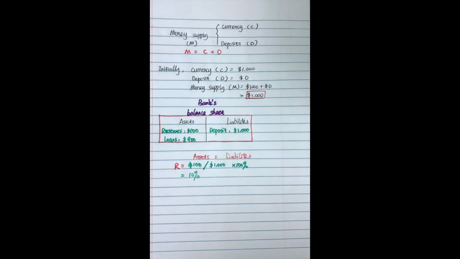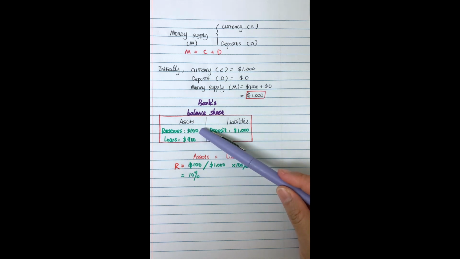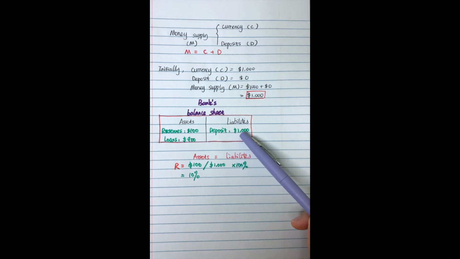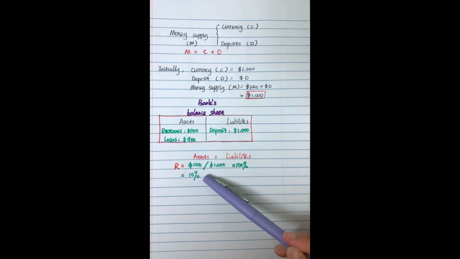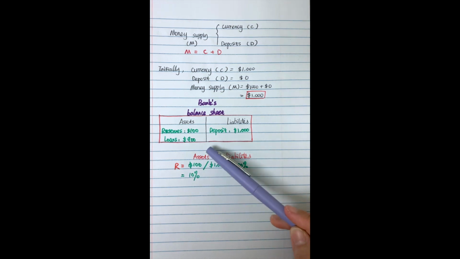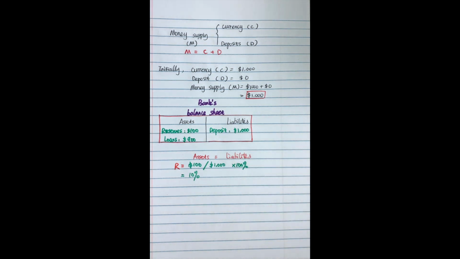So from this balance sheet, it can give us at least several pieces of information. The first, the bank can make loans, but the bank needs to keep some reserves required by the Fed. Okay, and from this balance sheet, the liabilities always equal assets, and we can also compute the reserve ratio, which is just equal to reserves divided by deposit, and then times 100%.